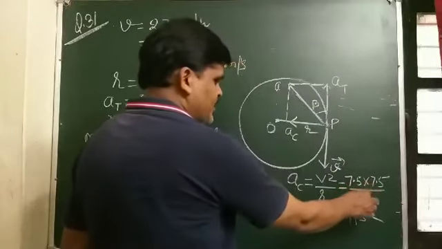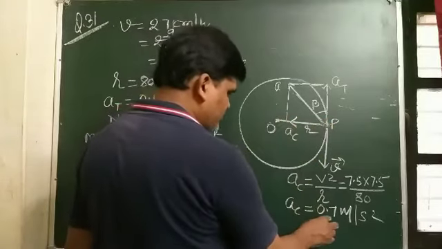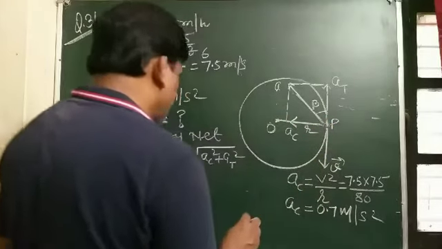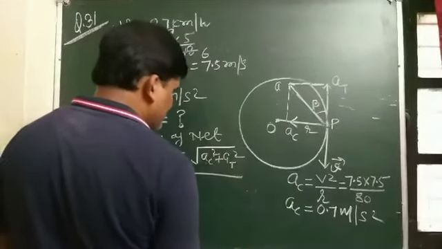You can multiply it and divide by 80. So centripetal acceleration comes out to be 0.7 meter per second square.